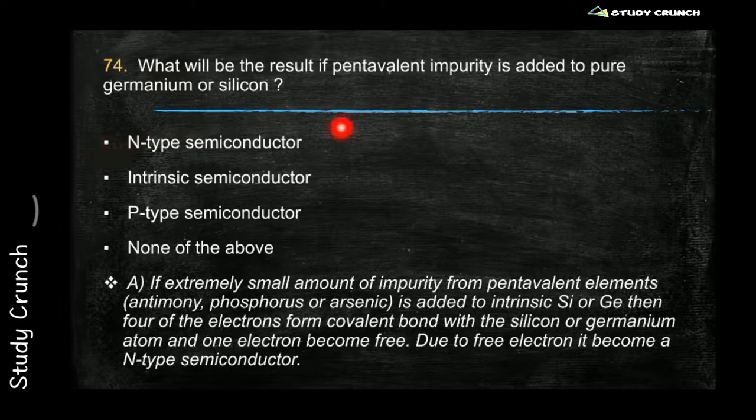So an n-type semiconductor will be formed, as if an extremely small amount of impurity from pentavalent elements is added into silicon or germanium, then 4 of the electrons will form covalent bonds with the silicon or germanium atom. So 1 electron will be free. Due to this, it will be an n-type semiconductor.